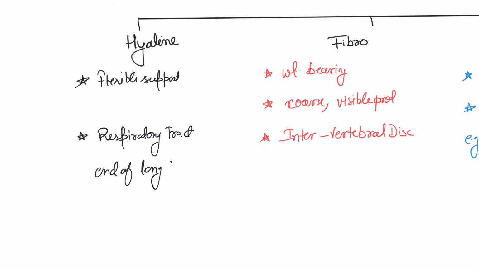And one important fact about hyaline cartilages: you must have heard that our skeleton starts as a cartilaginous skeleton, which eventually undergoes the process of ossification to turn into the bones that we have. But the fetal skeleton is all about the hyaline cartilages. Okay.